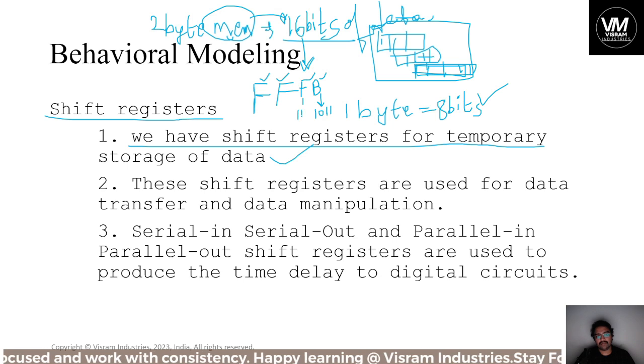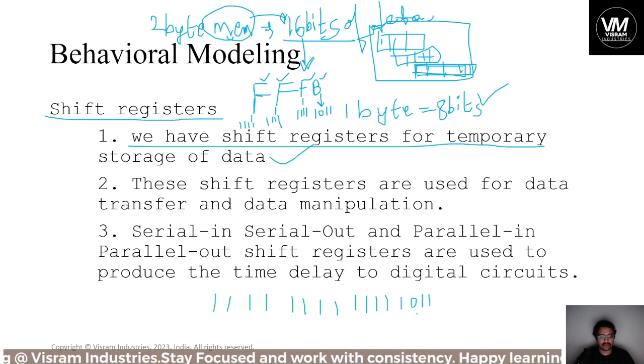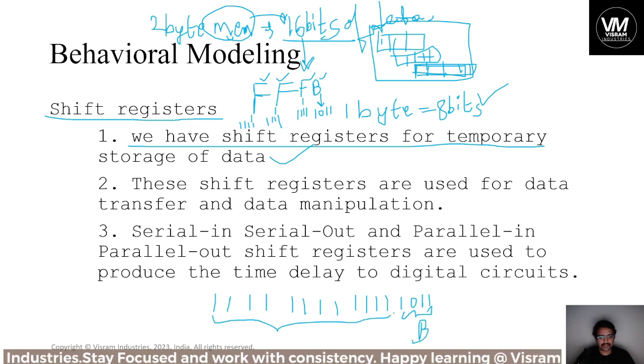F can be 1, 1, 1, 1. So what are we having here? 12 ones and 1, 0, 1, 1. This can be B, and this all can be F, and F. This is how it is represented.